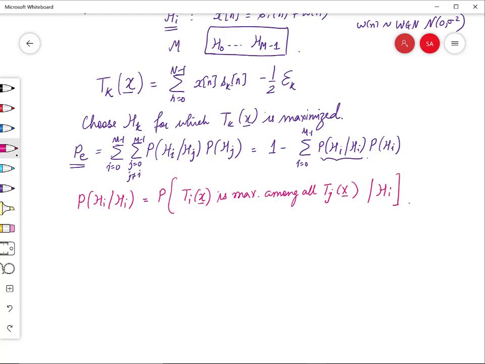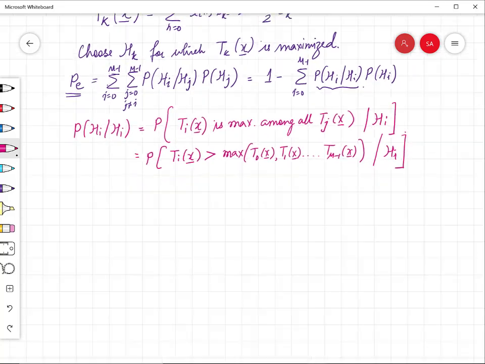Okay, what does this mean? This means the probability of Ti of x being greater than the maximum of T0 of x, T1 of x, till T of M minus 1 of x, given hypothesis Hi is correct.